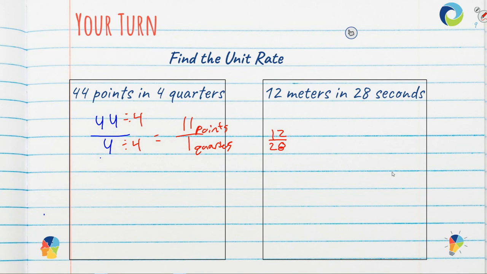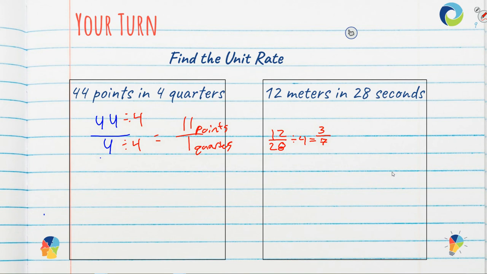So let's try 4. So divide the top and the bottom by 4, and we're going to get a simplified fraction. All right, so we have simplified to 3/7. Does anything go into 3 and anything go into 7? So we are in simplest form, right?